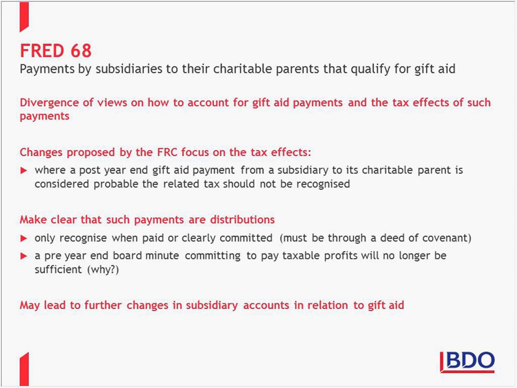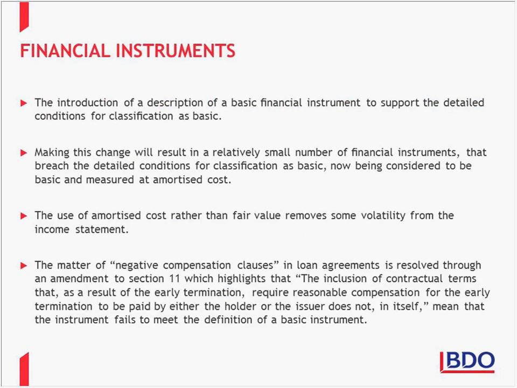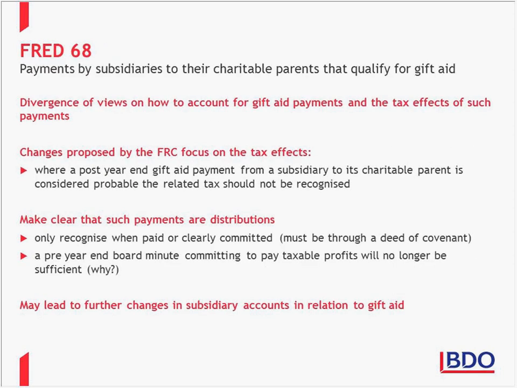That is obviously more detailed, or harsher, in terms of the rules and the change in the rules, but that is effectively what's come through. However, what the FRC also say is that if you don't pay any gift aid at the year end, and the intention is that you are going to gift aid after the year end.